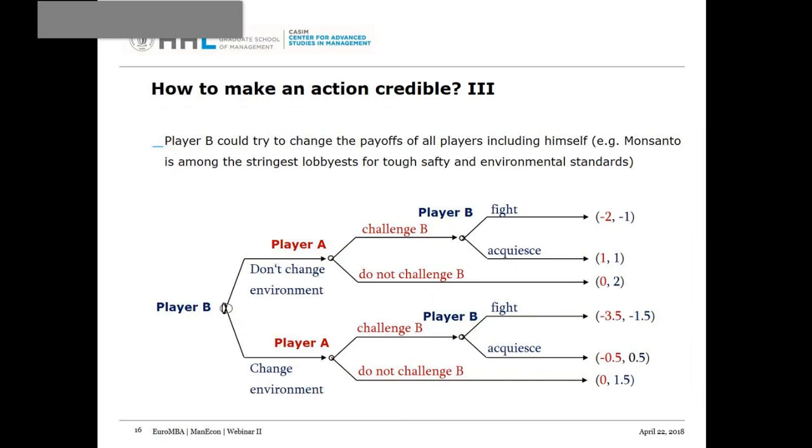If you think about big companies, for instance Monsanto or Dow, they promote very high environmental standards, so that they stick to the standards, which is obviously costly. It costs money. So why do they do it?